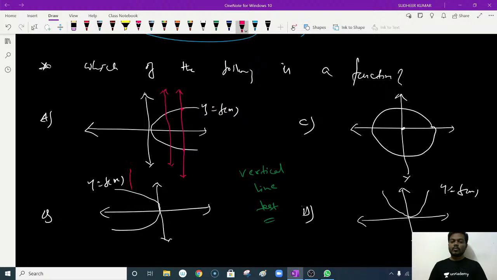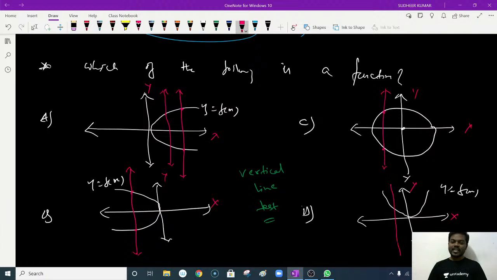So here also the same. If you draw a vertical line, or a line parallel to y-axis, then we will say that it is not a function because it is intersecting at more than one point. Here also, if you draw a vertical line parallel to y-axis, it is intersecting at two distinct points, so more than one point, so this is also not a function. Now come to the last option.